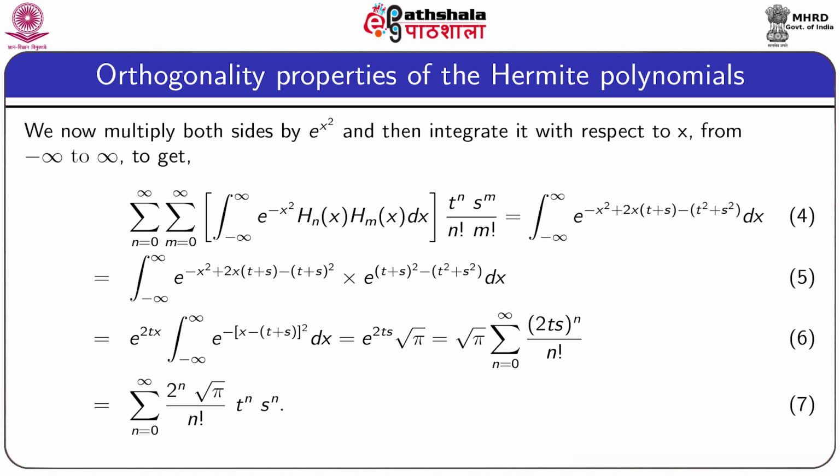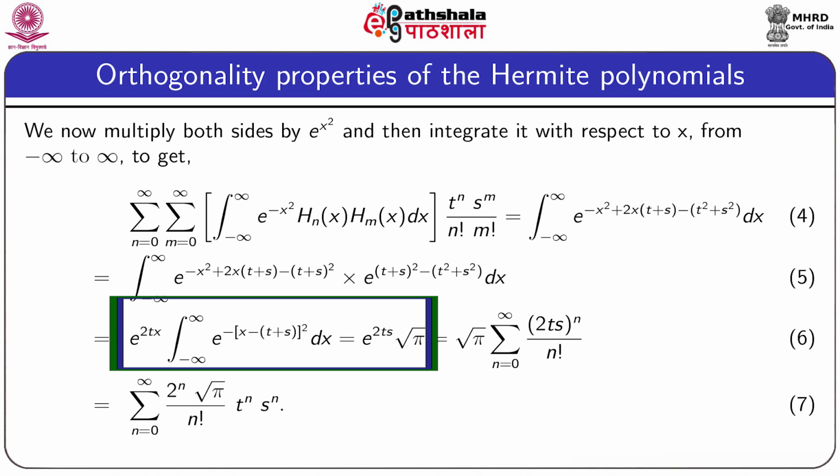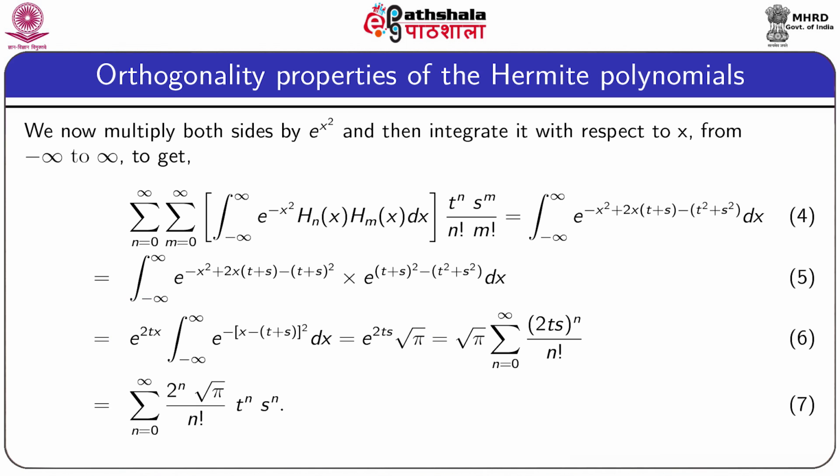Further simplification gives integration minus infinity to plus infinity e to the power minus (x minus (t plus s)) whole square dx, which is equal to e to the power 2ts root pi.